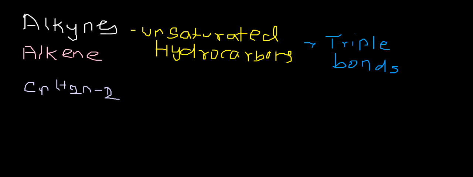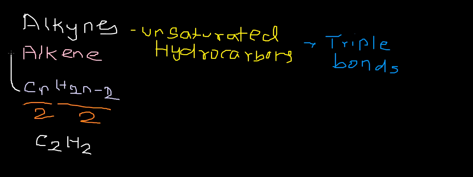If I have the number of carbon atoms equal to 2, then my hydrogen atoms will be 2 times 2 minus 2, which is equal to 2. So the compound will be C2H2. This is the basic formula for alkynes.